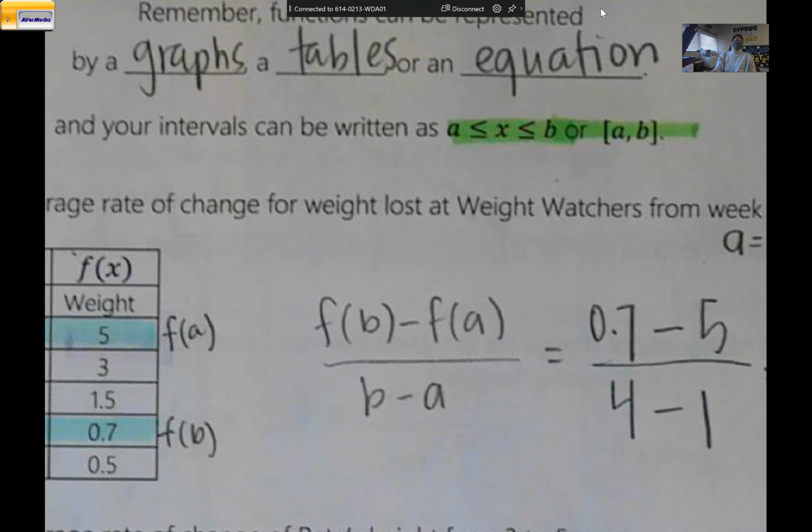Over the run, we went from 2 hours to 4 hours, so how much did that change by? 2. Okay, once again, what does that simplify down to? 50 miles per hour. So the first 2 hours, he went 50 miles per hour, and the second 2 hours, he went 50 miles an hour.